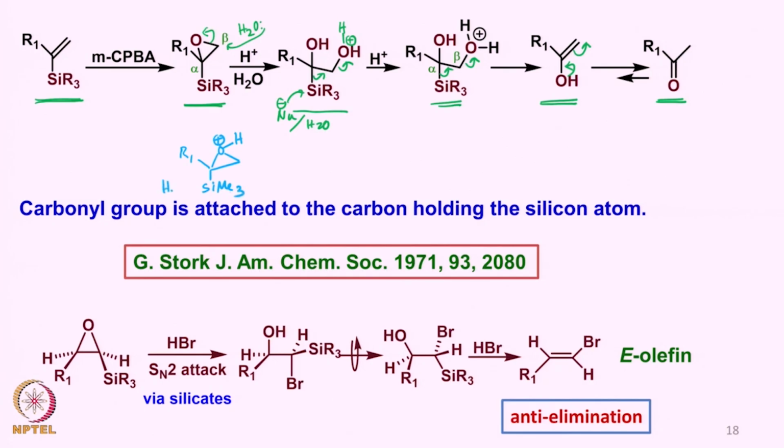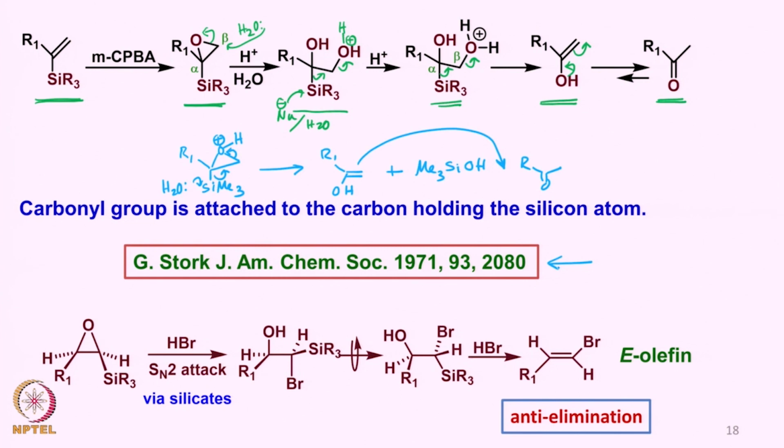So you have a nucleophile, say water, that adds on to this, and then we can directly put it in this fashion, which leads to the formation of the enol, which is going to be like this, and of course you will also get Me3SiOH, and this is the enol that leads to the formation of the corresponding ketone. This is also possible, and this has been discussed by Gilbert Stork in his paper in 1971.